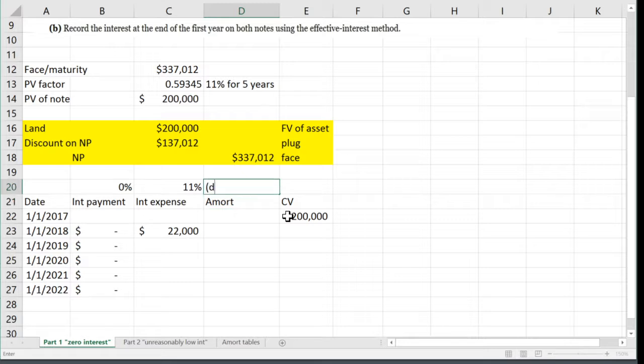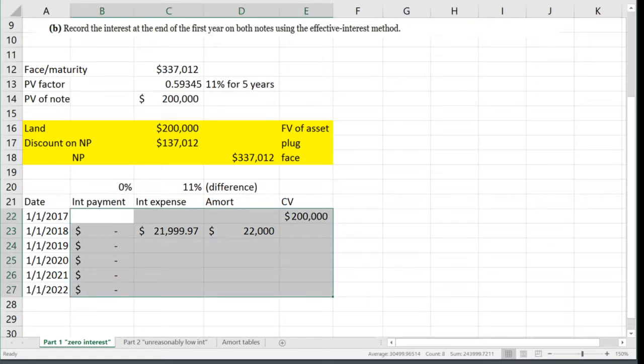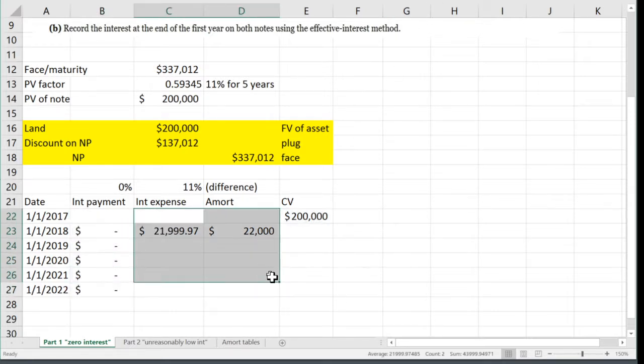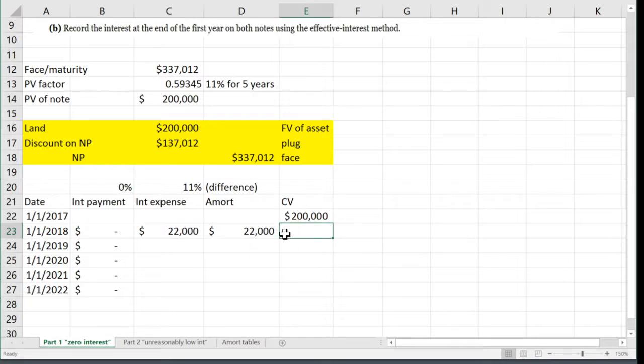Amortization is always the difference between the interest expense and the interest payment. So in this case, it's pretty obvious. I'll take all my decimal places out here. In this case, it's obvious that 22,000 minus 0 is 22,000.